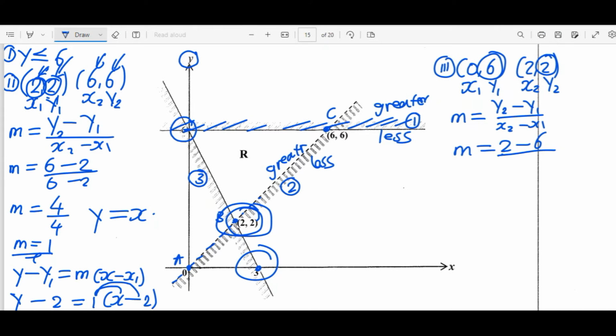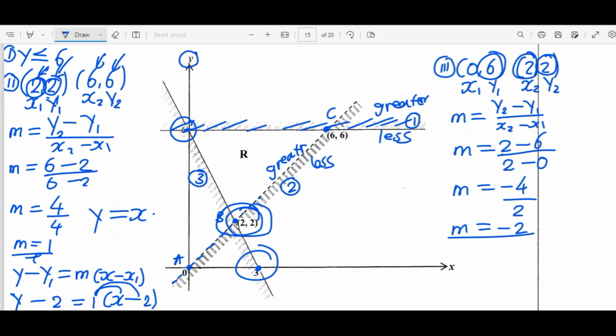Then x2 is 2 minus 0. 2 minus 6, here we're going to have negative 4, over 2. 2 into negative 4 is negative 2.